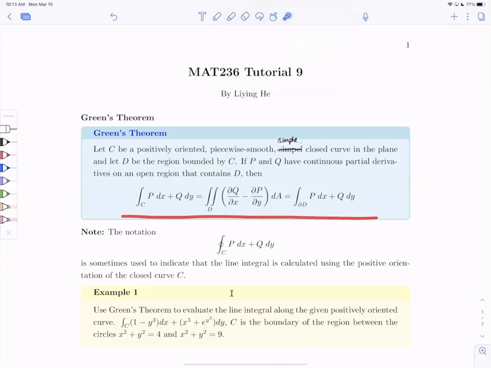We have the integral along C of P dx plus Q dy equals a double integral over D. D is a region, C is a line integral. So this is a line integral, this is a double integral, equals this, and then notice that those two reverse. So now you have partial derivative of Q with respect to x minus partial derivative of P with respect to y, dA, which equals this. So this is just another way to write it.